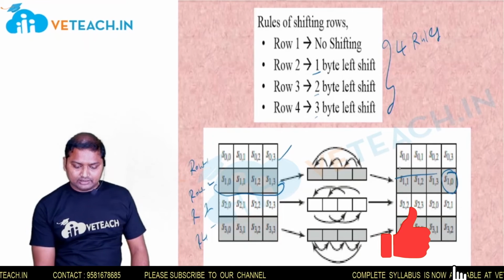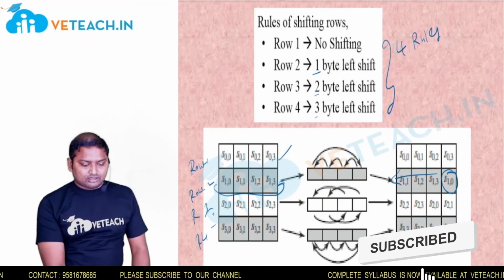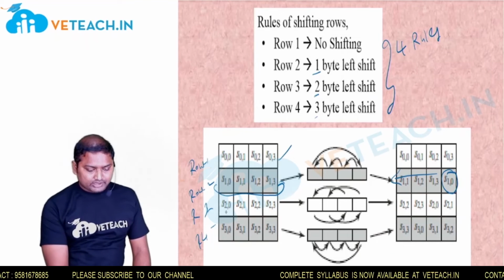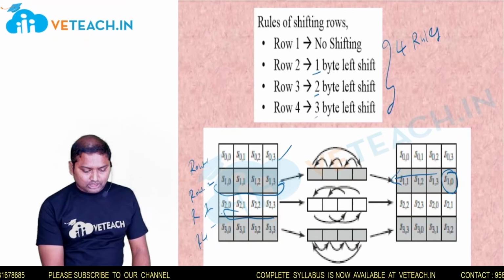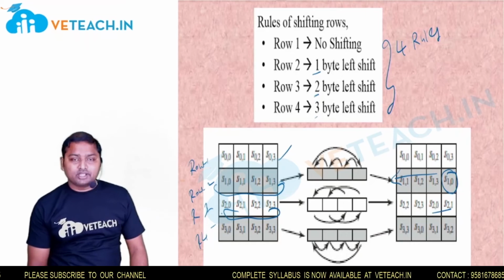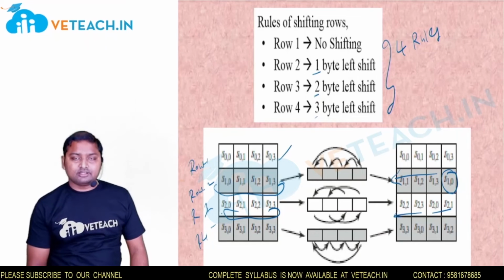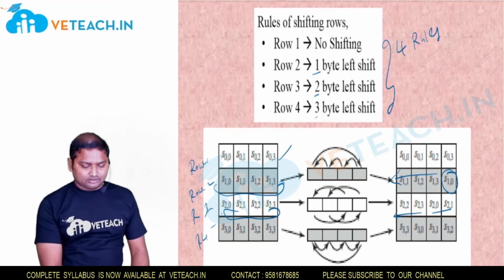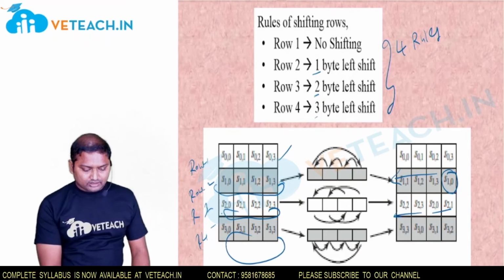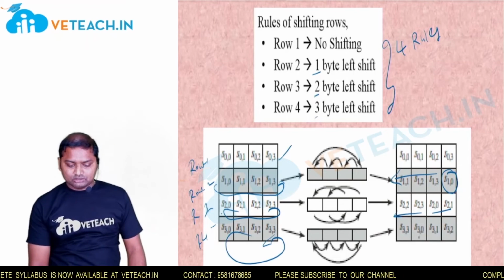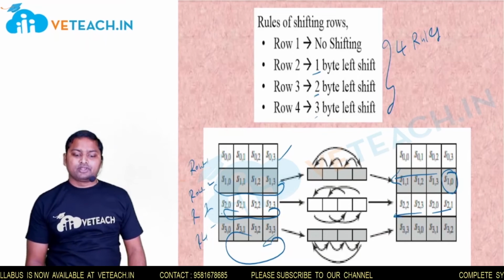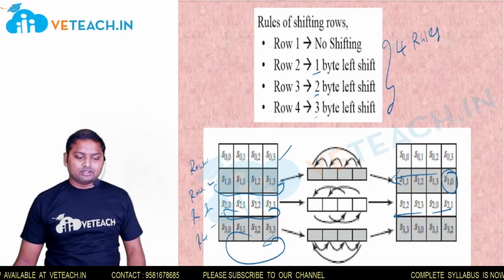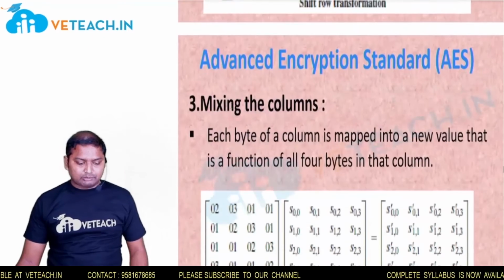So the remaining are in this way. Next, the third row, 2 bytes. So these 2 come in this place. So S20, S21. So the remaining are this way. For row 4, 3 bytes. So these 3 come to this place. So S30, 31, 32. In this way I am performing the shift rows transformation. The second process is also completed.